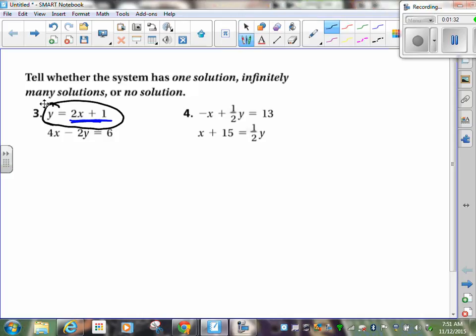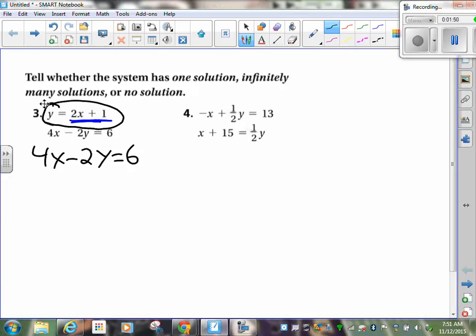And what am I going to do with that? I like to rewrite it again. I know it's already there, but it's nice to rewrite it so you don't forget anything to substitute in. So when I do that, here is 4x minus 2y equals 6.